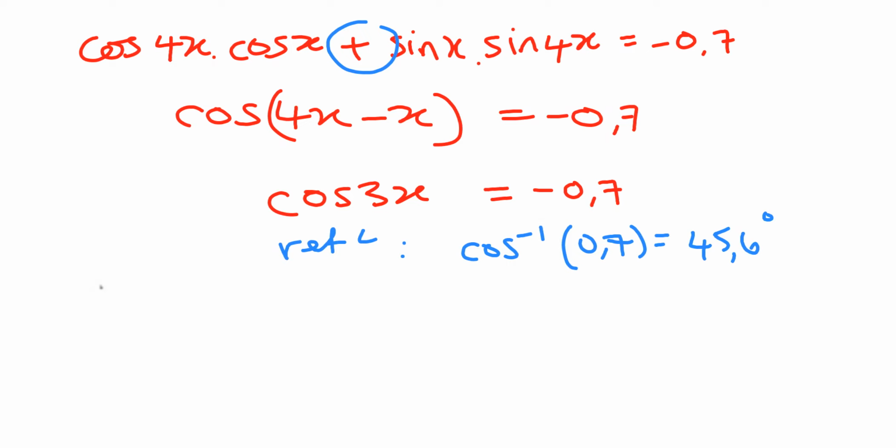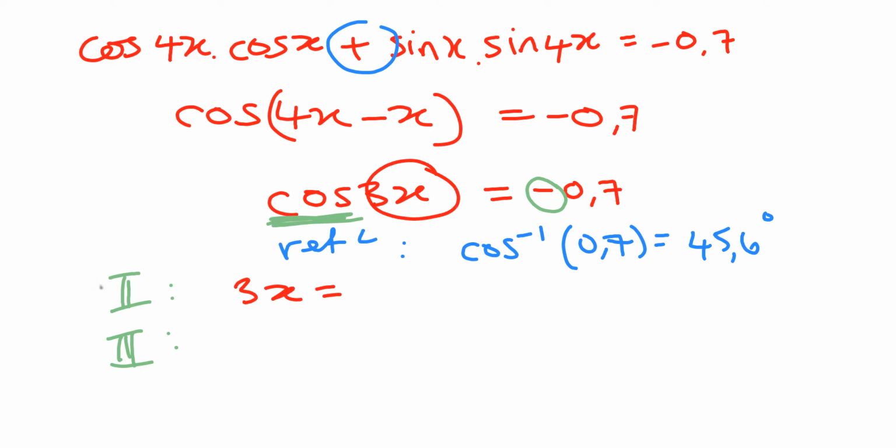Now we ask ourselves, in which quadrants is cos negative? It's negative in the second quadrant and also in the third quadrant. So for the second quadrant, 3x is equal to 180 minus 45.6. Then we just go ahead and solve for x.